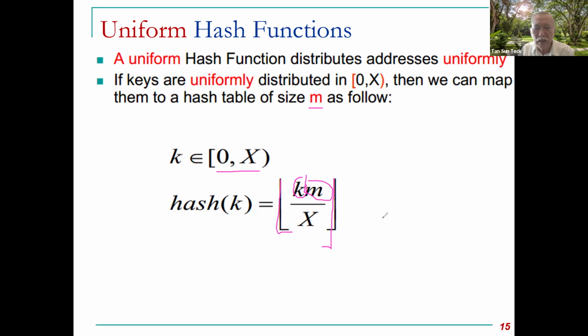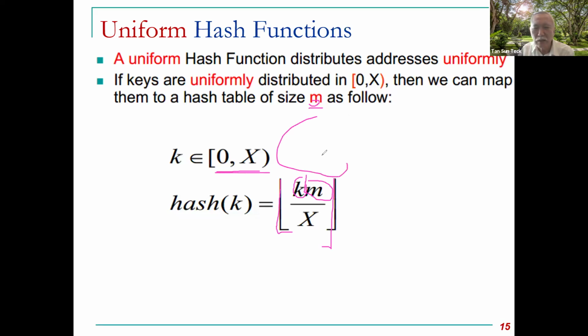By doing that, we are throwing away the decimal part, and it gives us a key within the table size, between 0 and m minus 1. So this is what we call a uniform hash function. The condition is that the key must be uniformly distributed.